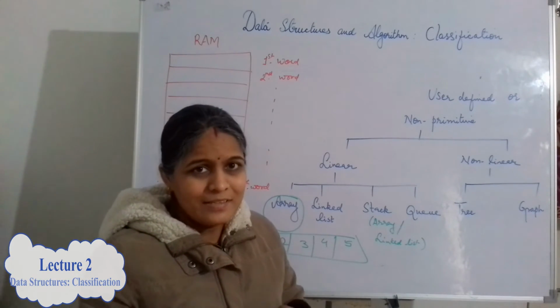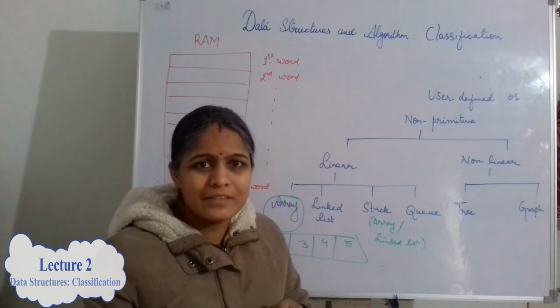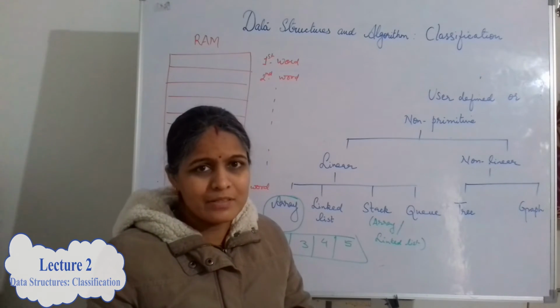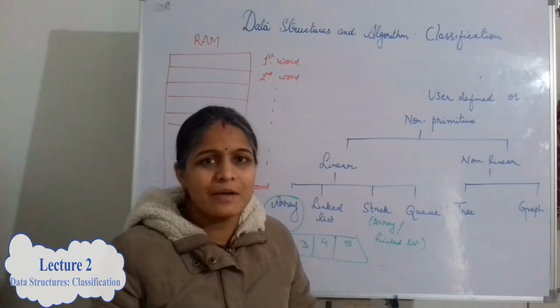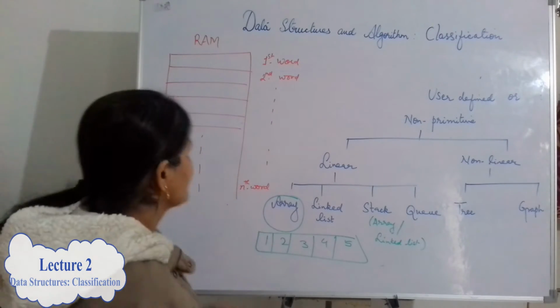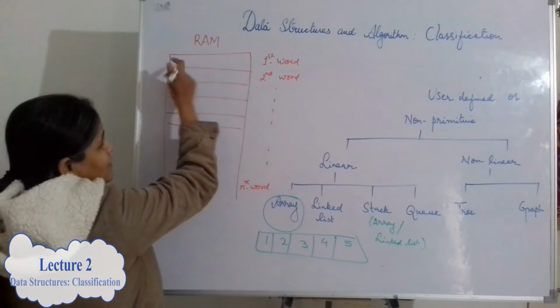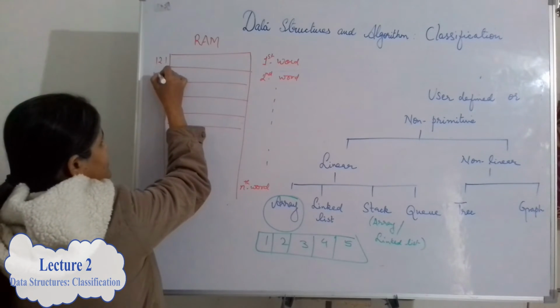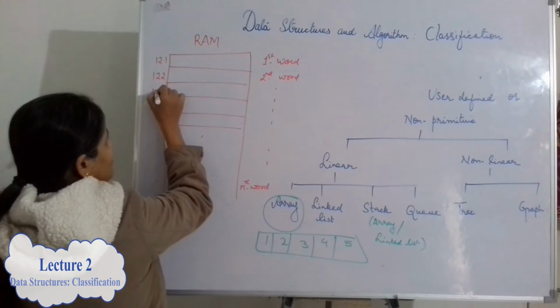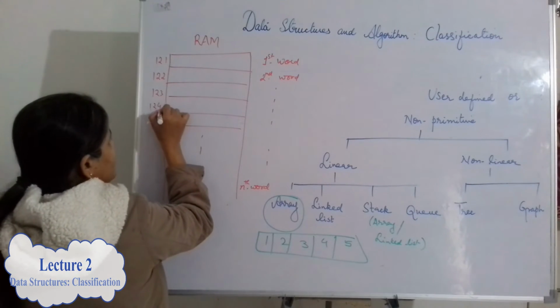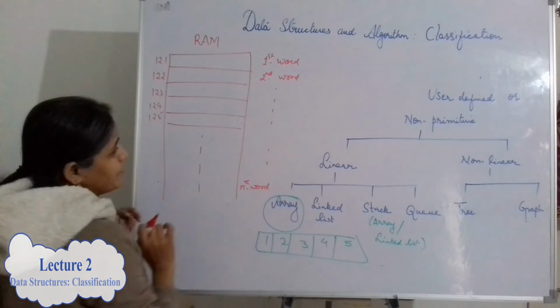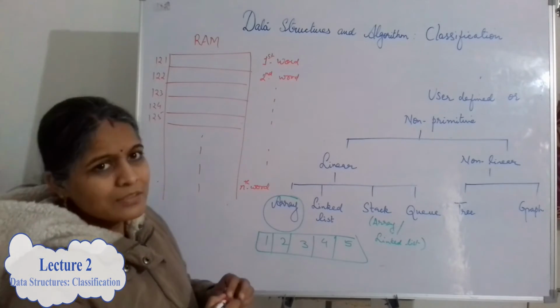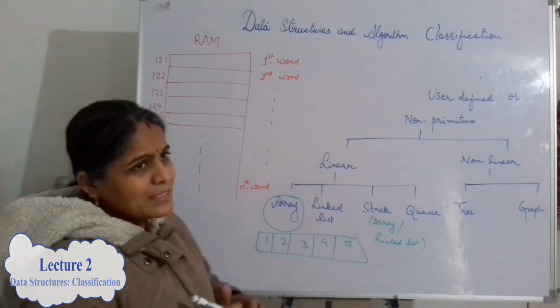These addresses are generally written in hexadecimal numbers, but for the sake of simplicity I am using decimal number representation. For example, the first word contains address 121. The address of the second word is 122, 123, 124, 125.